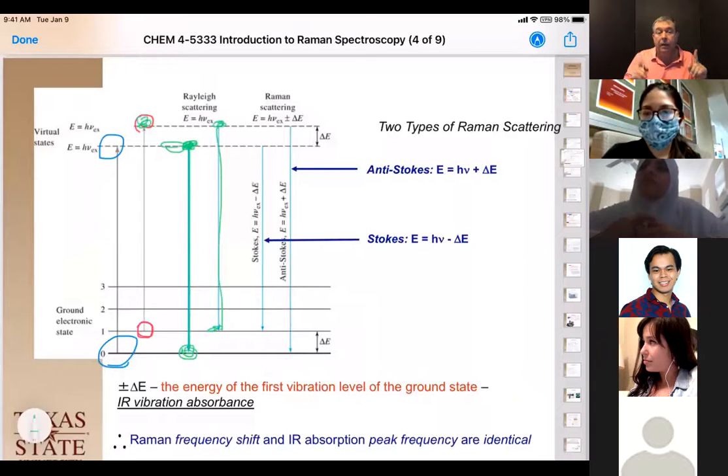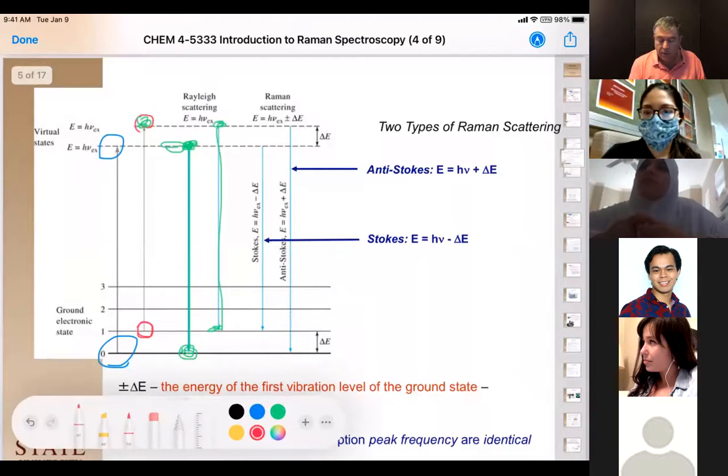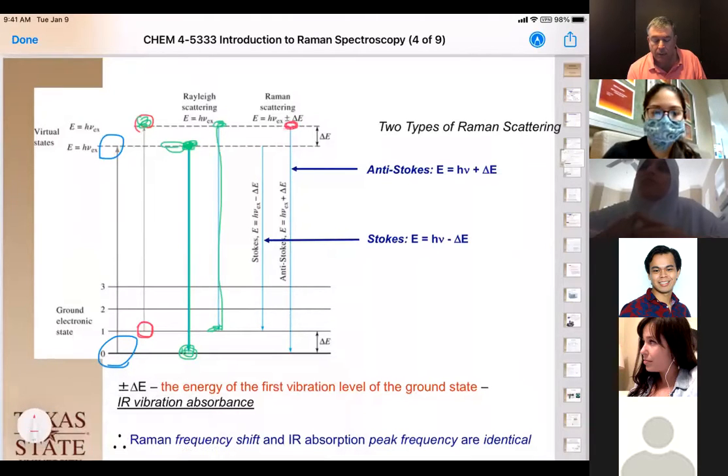Now, in contrast, in anti-Stokes, we start from the highest occupied energy, that electron started in the number one ground state, but it goes down to the zero ground state, meaning that it now has a greater amount of energy than the energy it took to excite it from the one ground state to that excited state, because we've now dropped all the way past the one and it gained energy.